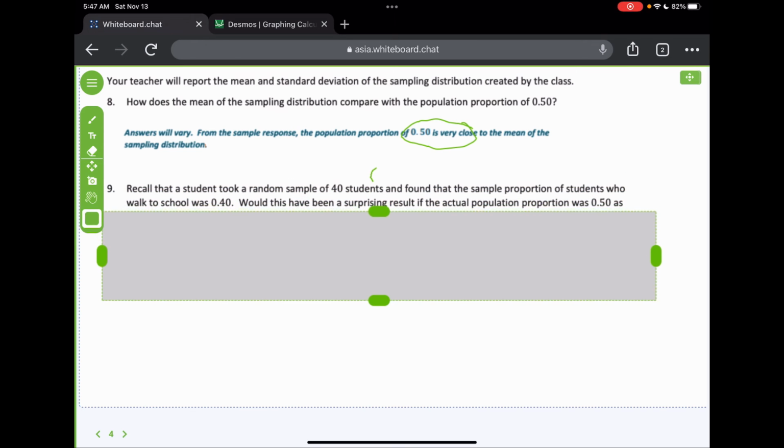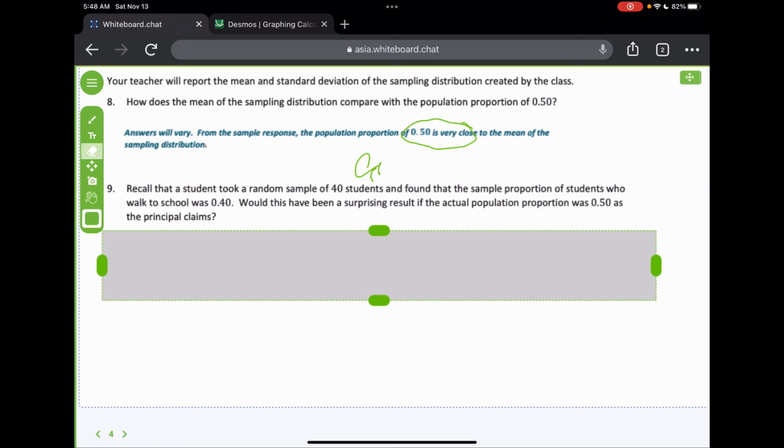Now, what are we going to look at as far as the random sample of 40 students, where the sample proportion of students who walked to school was 40%? Would this have been a surprise result if the actual proportion was 50%? Well, no, because of what we just did.